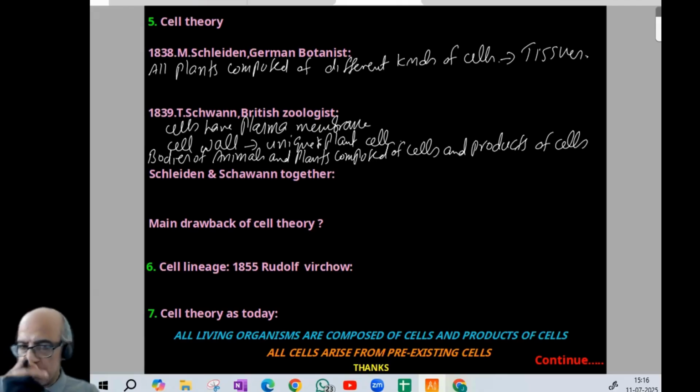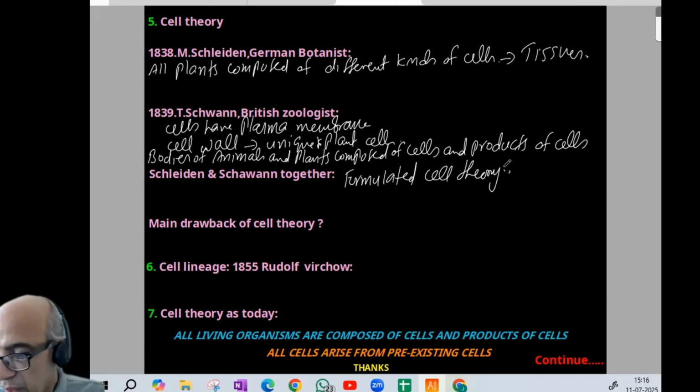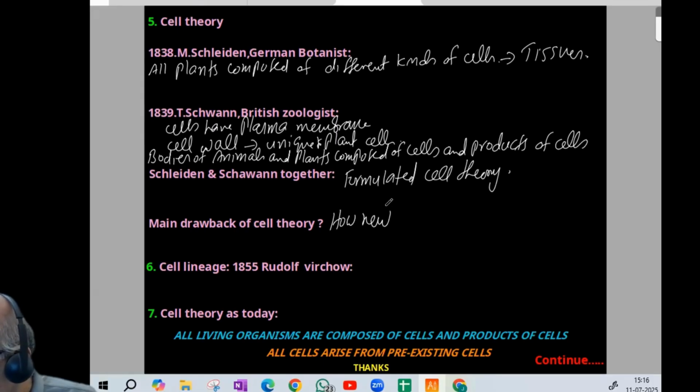Schleiden and Schwann together formulated the famous cell theory. But there is a main drawback of the cell theory: how new cells are formed is not explained.